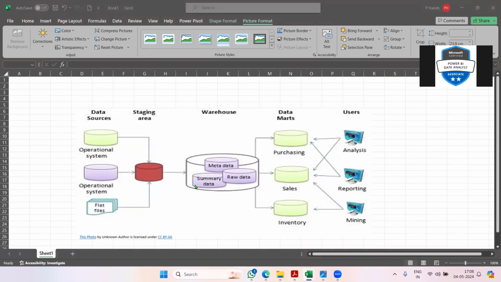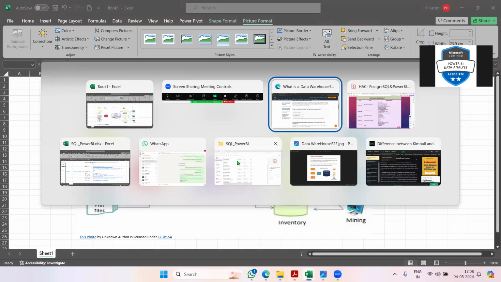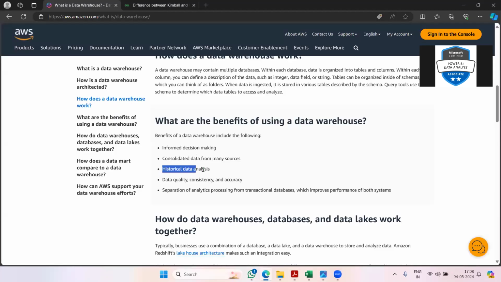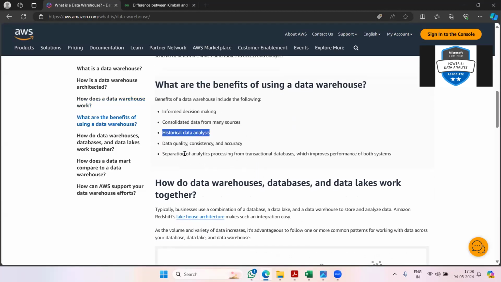But in data warehousing, we are going to store his previous addresses also, putting an effective start date and end date. That tells from which date to which date he stayed where, right? In this way, data warehousing is used for historical data analysis, data quality, consistency, and accuracy.